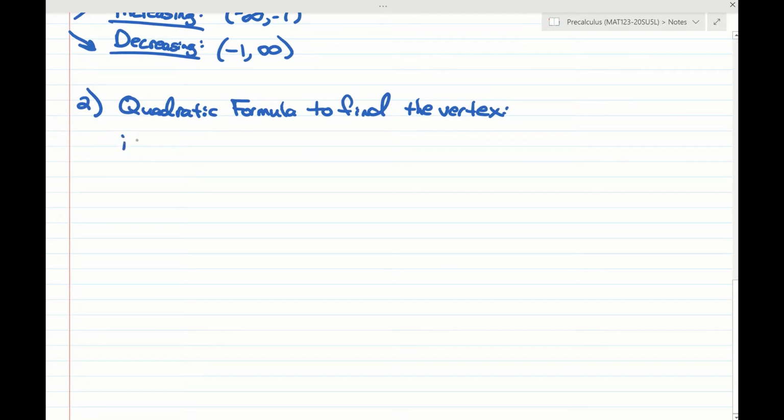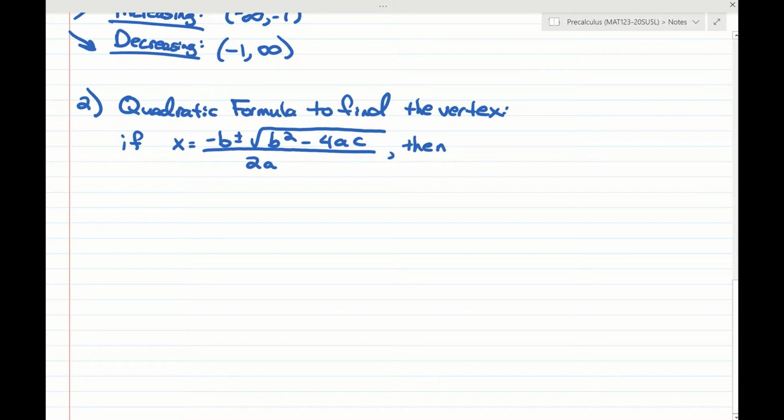So if you have the quadratic formula, negative b plus or minus the square root of b squared minus 4ac all over 2a, then the axis of symmetry, remember this is telling you x-intercepts, right?